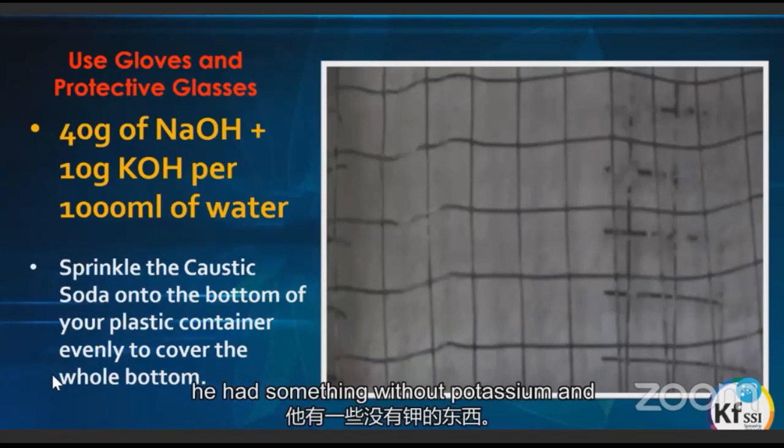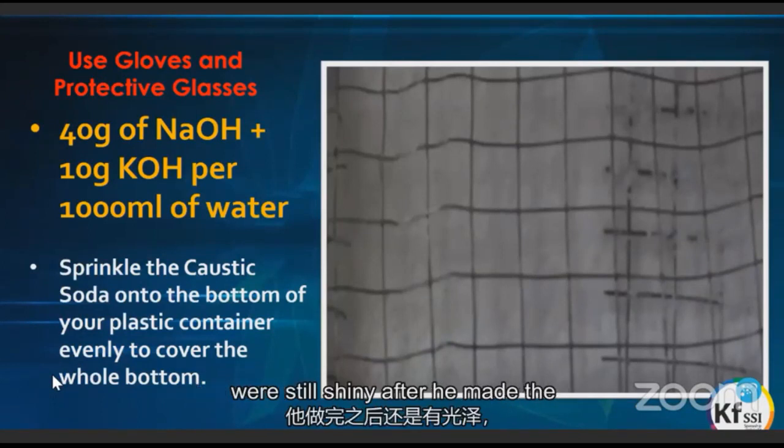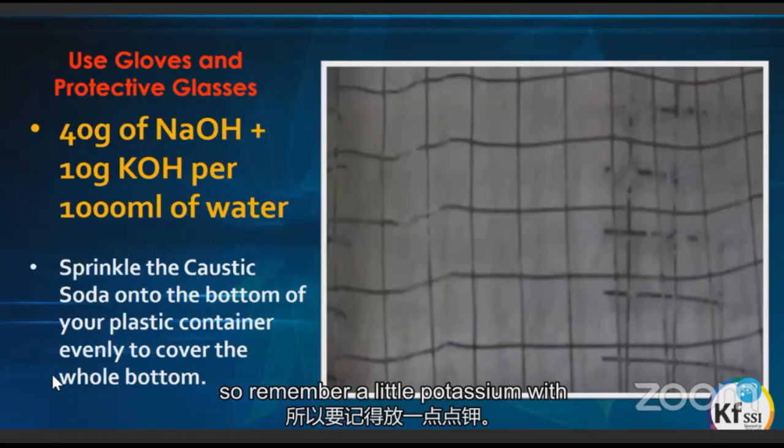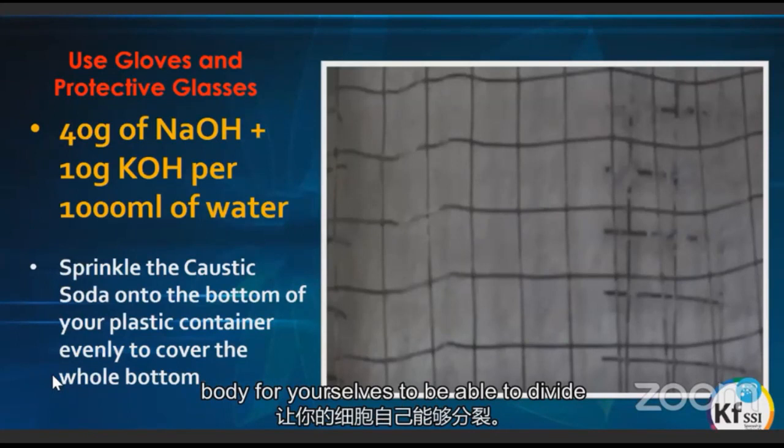Now he had something without potassium, and he was wondering why the copper plates were still shiny after the process and didn't change their color. So remember, a little potassium is crucial. It's like the vitamin for your body, for your cells to be able to divide.